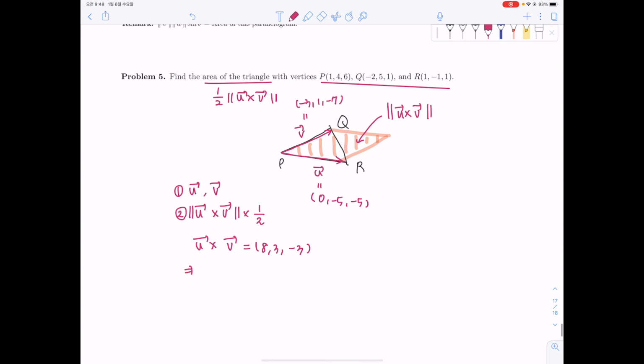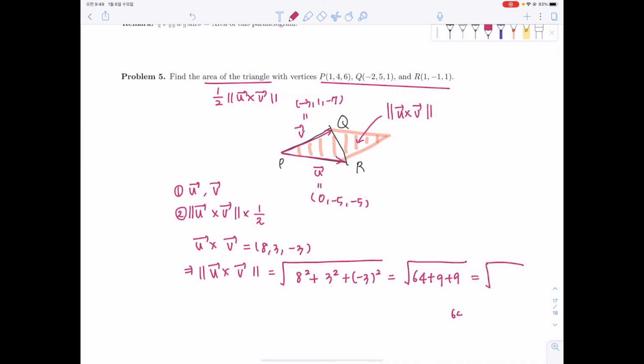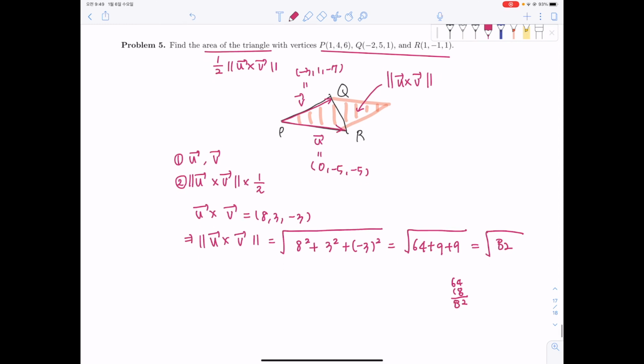And so this norm is given by root 8 squared plus 3 squared plus negative 3 squared. So it is 64 plus 9 plus 9. So just a minute. 82.